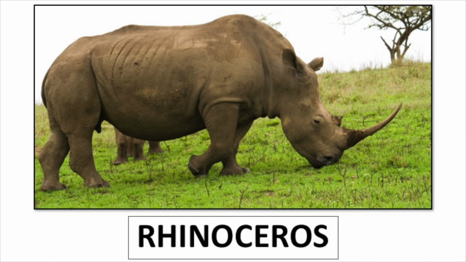One big, massive horn. Yes, every rhino has a horn at the front. And this is what makes it different from other animals. Where does the rhino live? On land, yes. So, it's another example of land animals. You can see here, the ground it's walking on is land.